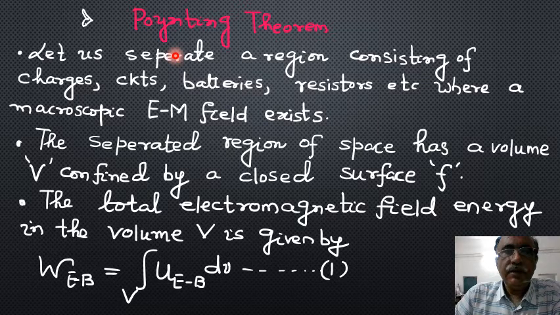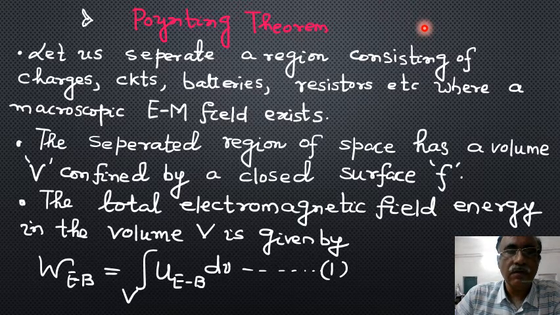Now coming to the Poynting's theorem, we have to establish the statement and the mathematical form, which includes both the integral and the divergence form, the differential form. So let us separate a region of space which consists of a number of charges, circuits, batteries, resistors, etc., where a microscopic electromagnetic field exists.